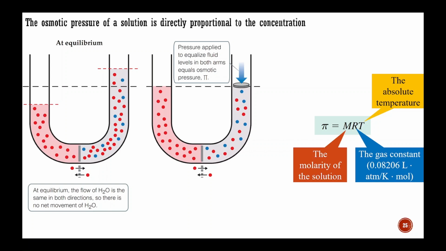This is exactly what we would expect, as all colligative properties depend only on the number of solute particles in solution, not on their identity. Two solutions of equal concentration have the same osmotic pressure and are said to be isotonic to each other. We will discuss the implications of osmotic pressure in the following lecture.